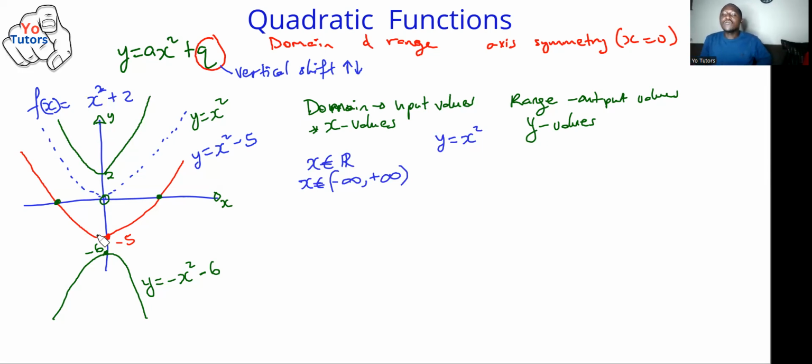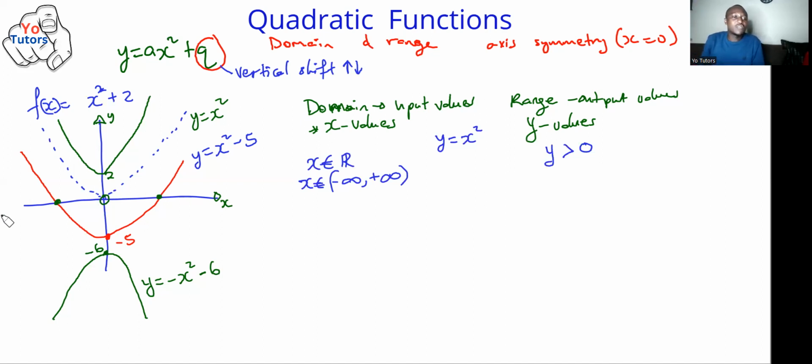So for your range, it's going to be y greater than 0, because the graph here occupies only y values above 0, on top.